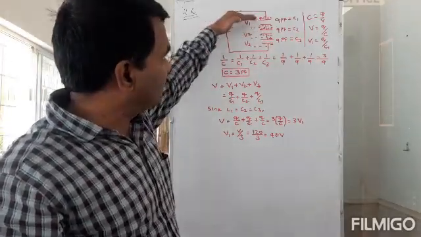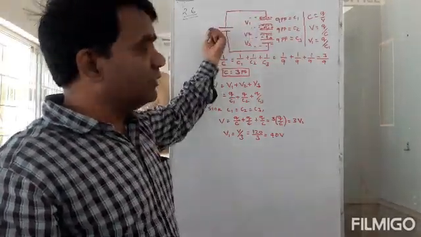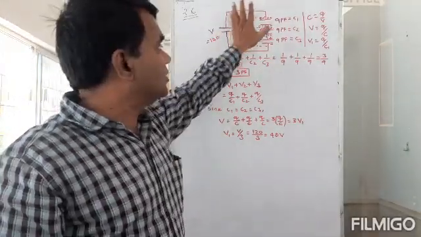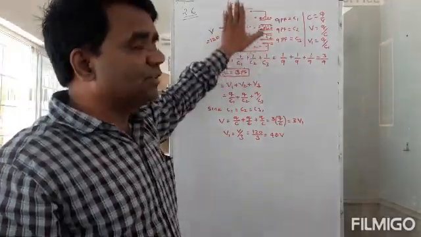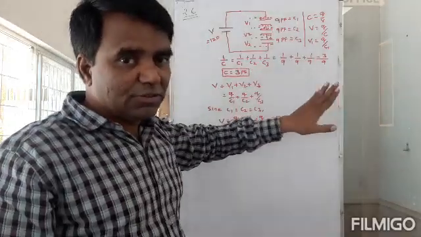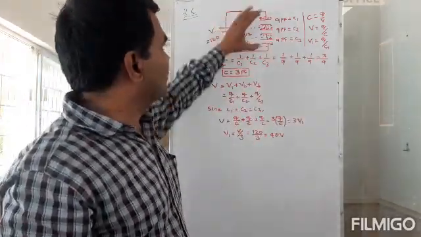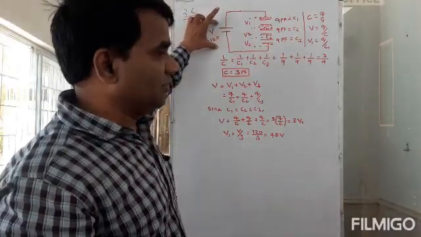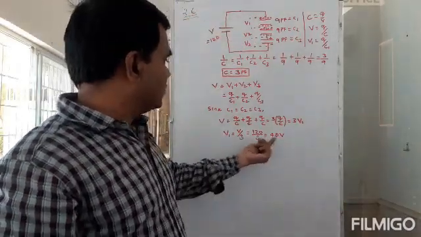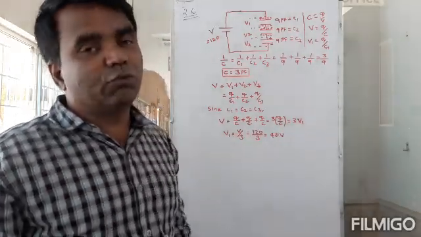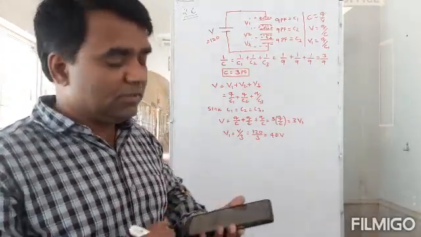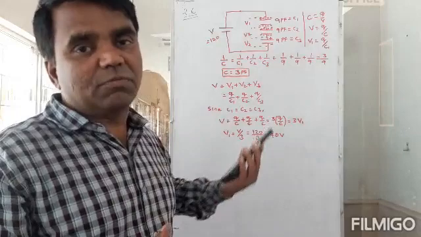And the sum of the voltages will be equal to the applied voltage. So because V1 is equal to V2 is equal to V3, you have 3 times V1, and 3 times V1 must equal this 120. So V1 must equal 40 volts. So this is how we do this problem.